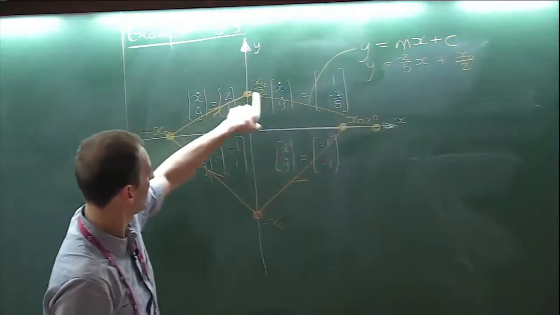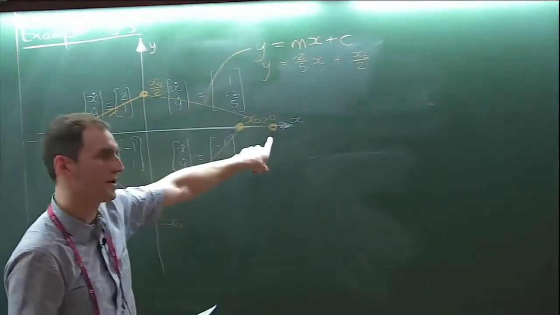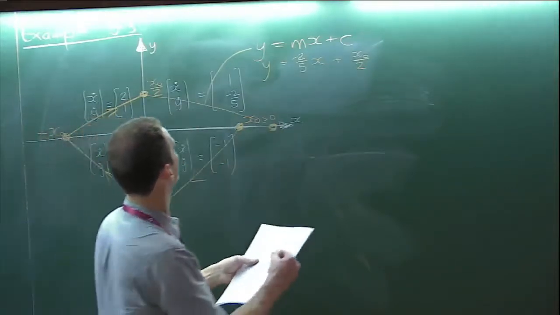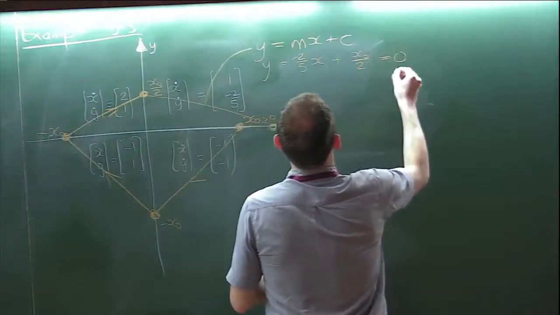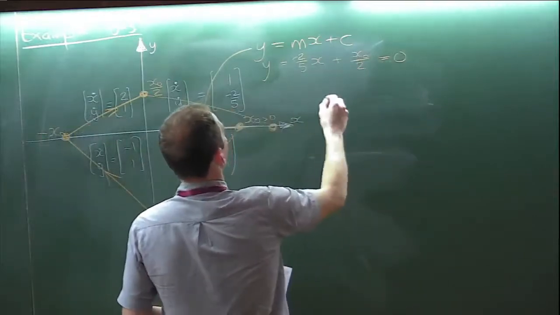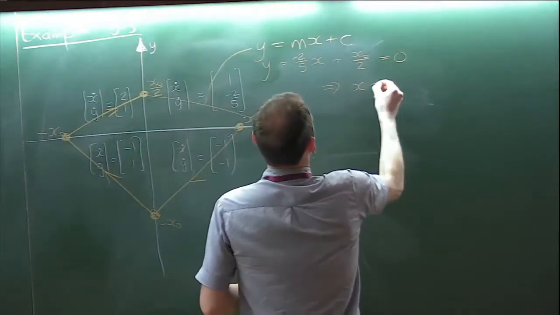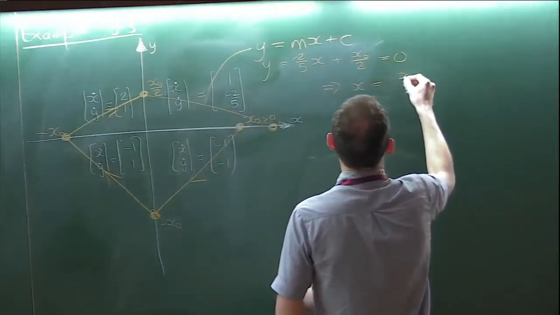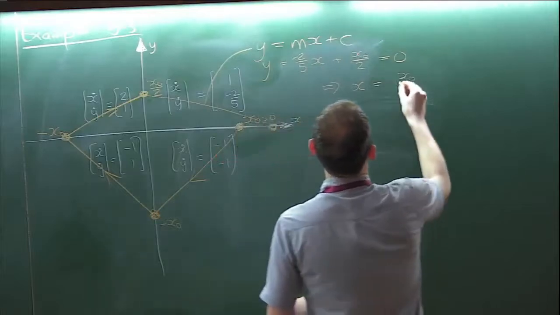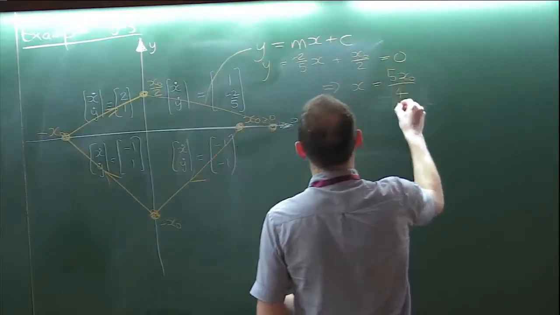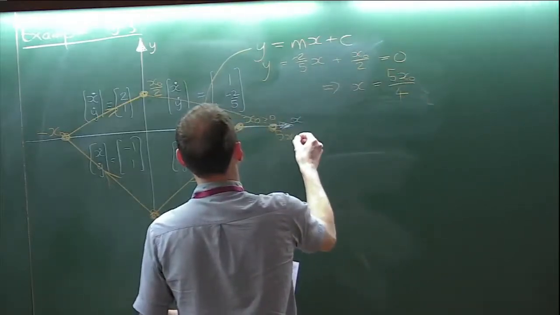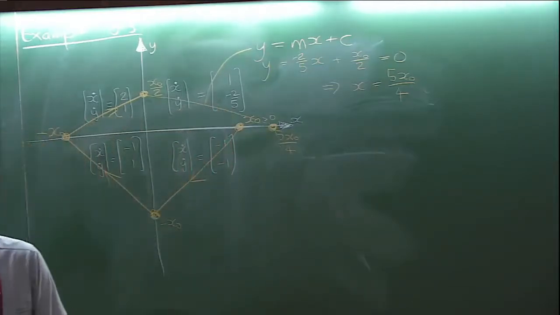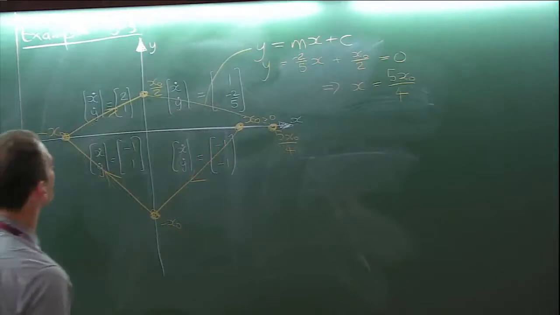Okay, so I figured out the equation for the line. I'm trying to determine where the line intersects y equals 0. So if y equals 0, then x equals x naught, and I've got a 5 and a 4. So this value is 5/4 x naught.